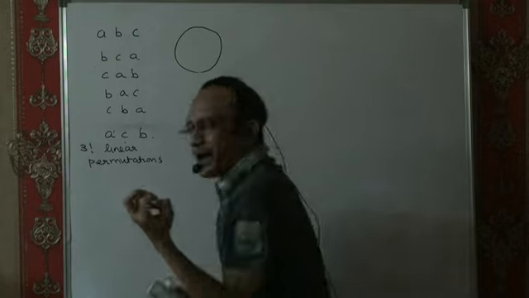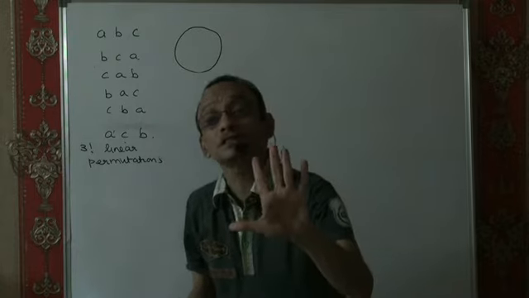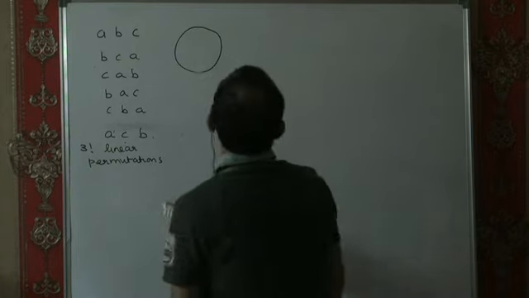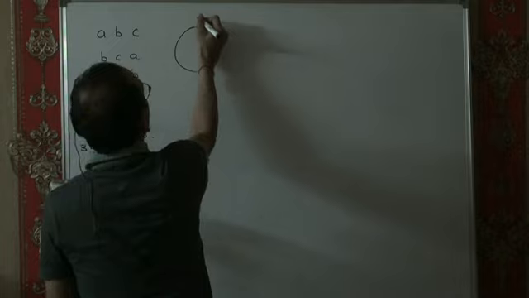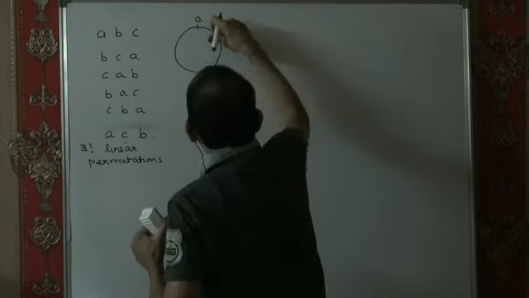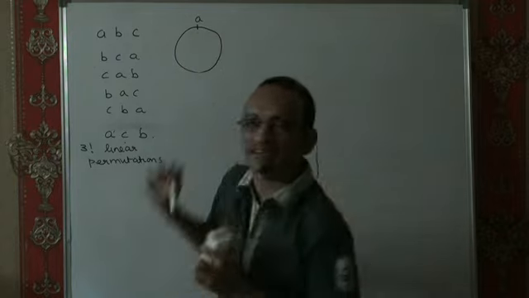So I pick up A, for example, and I first place A somewhere. In how many ways can I place A? Well, there is only one way I can place A, because no matter where I place A on the circle, I could rotate the circle and bring A somewhere here, right?